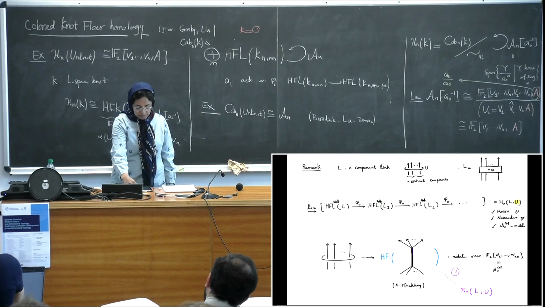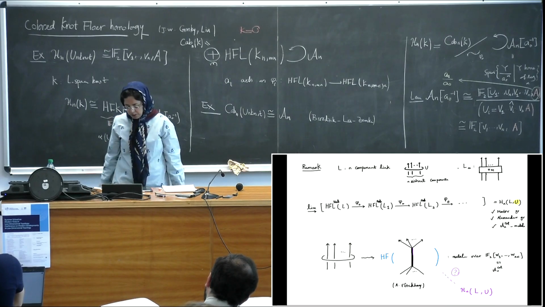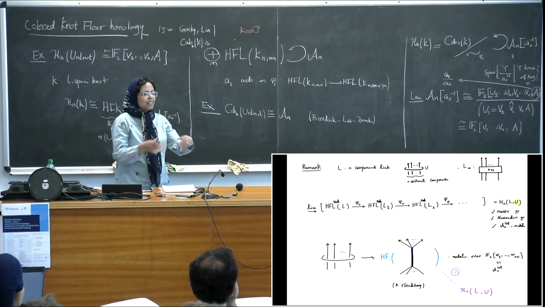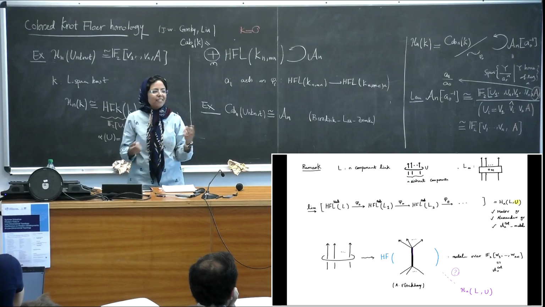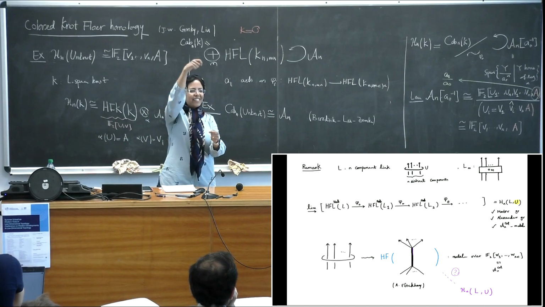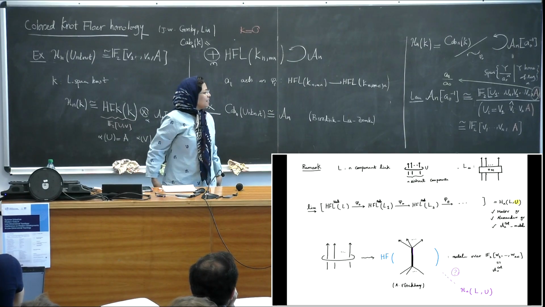And I want to finish with a question: is there any connection between those two? One might think, maybe, yeah, right? We are doing twisting a lot, why not? But I don't know.